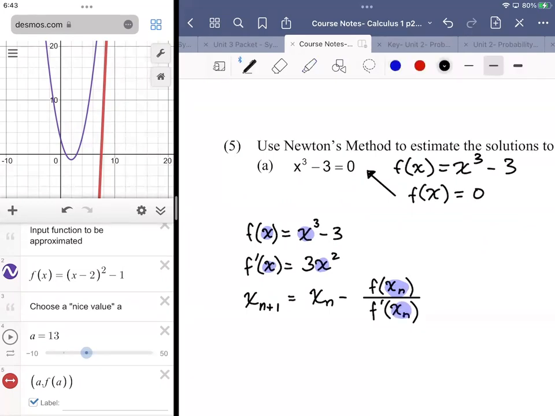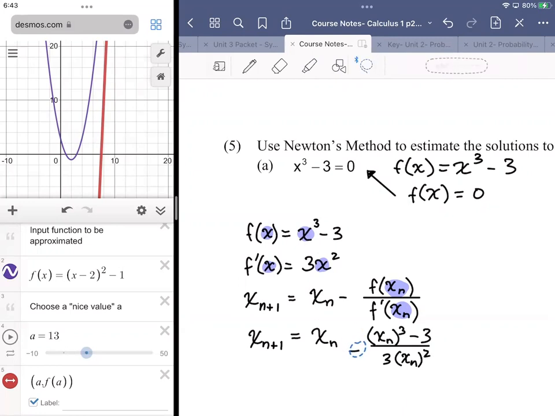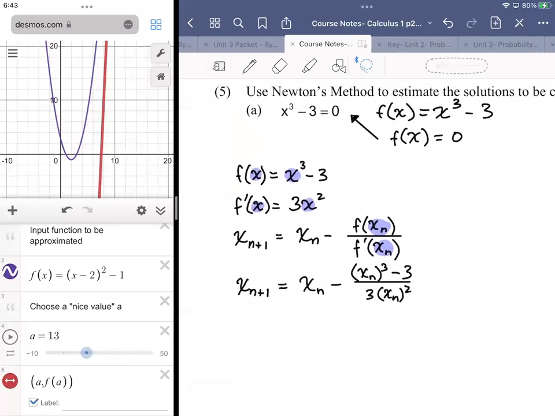So we'll get x sub n plus 1 is equal to x sub n minus x sub n cubed minus 3 over 3 x sub n squared. Notation wise, it's not hard to write. You just want to keep your subscripts organized. It's knowing what on earth to do with this now that we have it. That's what makes it challenging.